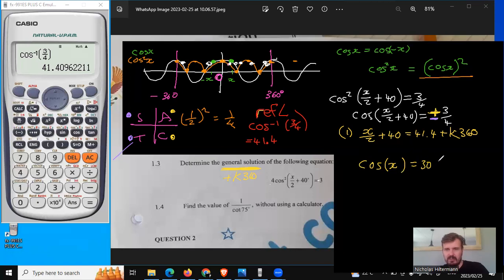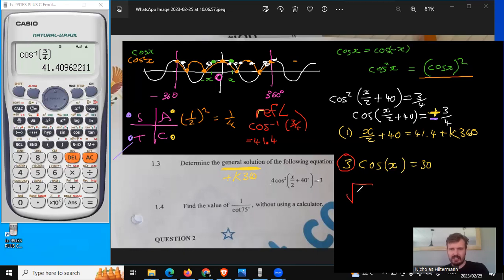But what happens if I have 3 cos x equals 30? This is what I refer to as problem child. It's like a known unknown essentially that shouldn't be there. If you look at it, something makes sense and you go, I would be able to do this if this problem child would go. It sounds a little bit cruel, but I'm always trying to get rid of the problem child.